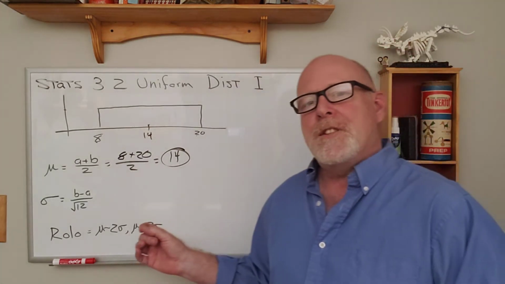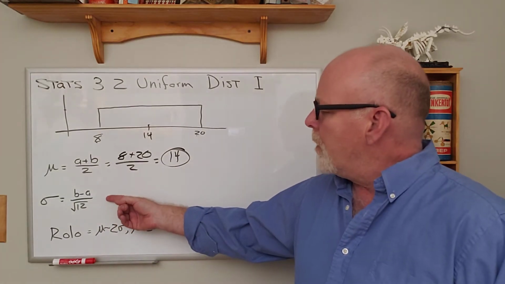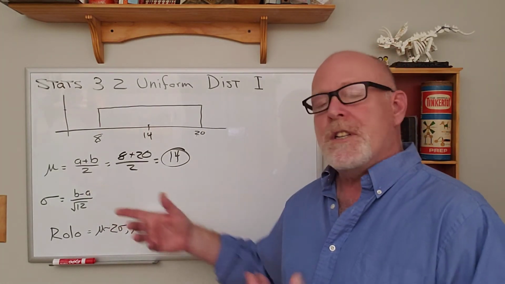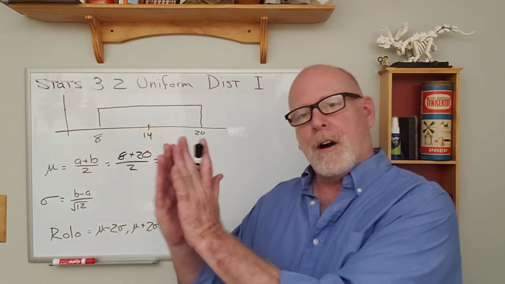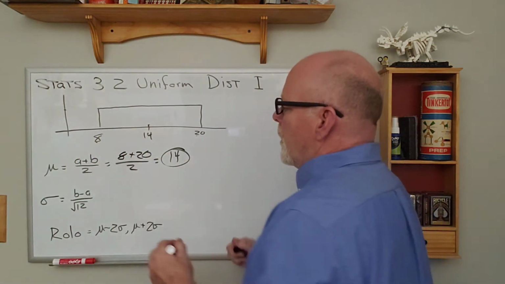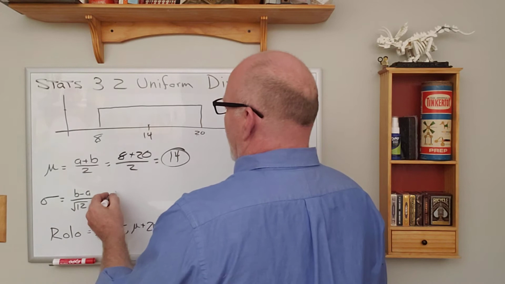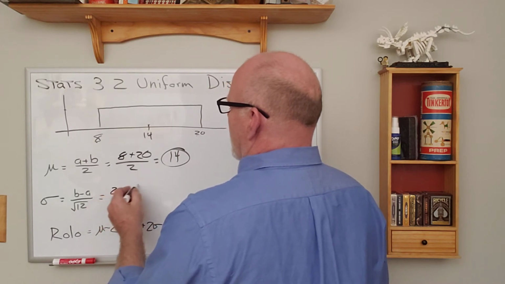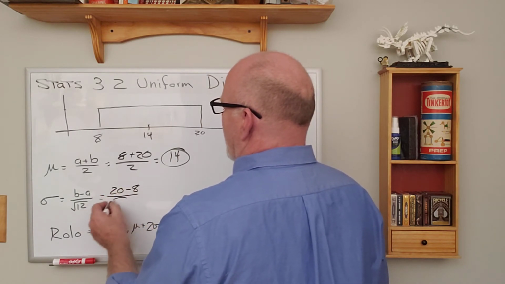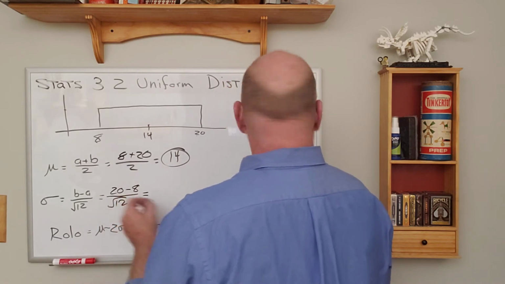The standard deviation here is a funky looking little formula. It's just B minus A, which is how long the distribution is, how far the two ends are apart, divided by the square root of 12. And here, 20 minus 8 divided by the square root of 12 is going to be, I don't know, let me grab the calculator.